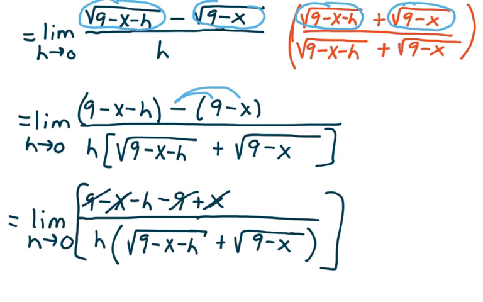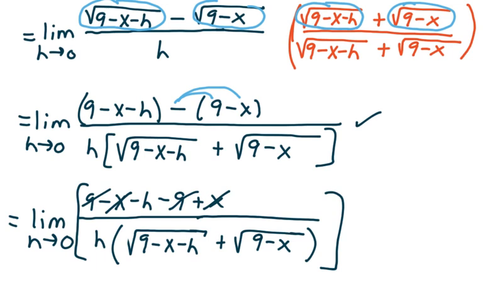Now, in the numerator, I get 9 minus x minus h minus the quantity 9 minus x, all divided by h times the quantity, the square root of 9 minus x minus h, plus the square root of 9 minus x.